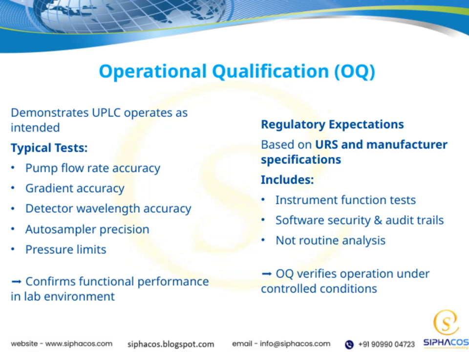The main goal here is to confirm the functional performance of the instrument in a laboratory setting. This ensures that everything works reliably and accurately before moving into routine use, aligning with our overall goal of ensuring quality and compliance in our analytical processes.